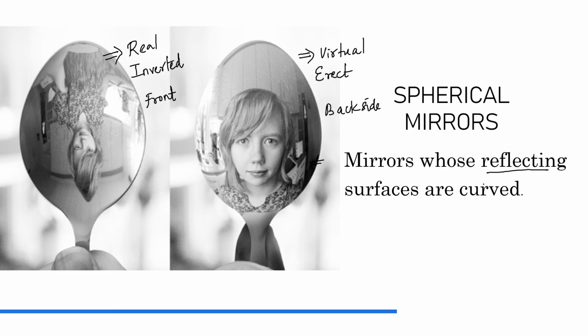The mirrors whose reflecting surfaces are curved. See here in the spoon you can see the curved shape, right? Both sides curved shape you can see. It is a part of a sphere. So we call them spherical mirrors.